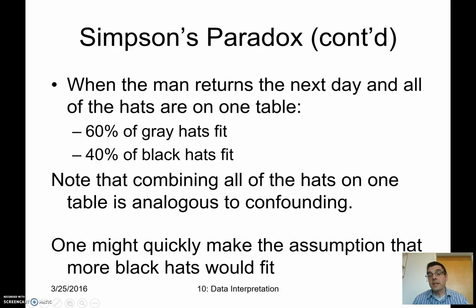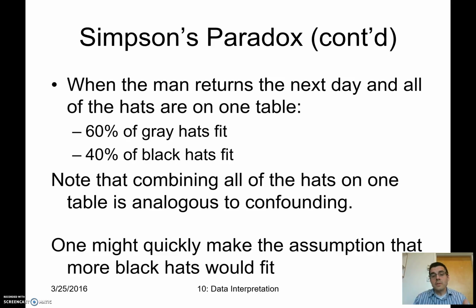When I returned the next day, they changed up the displays, and now all the hats are found on one table. None of them were sold from the time I left to the time I returned, and when you combine all that data, you ultimately see that 60% of the gray hats would fit my head versus 40% of the black hats.